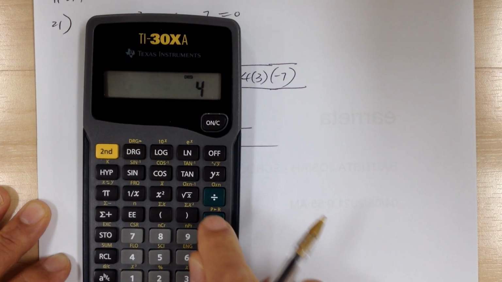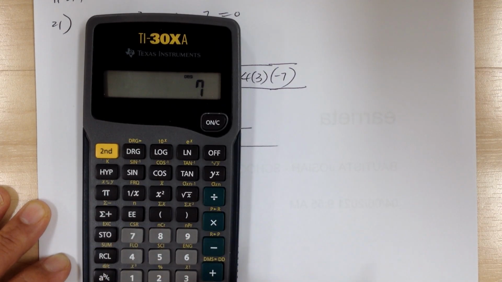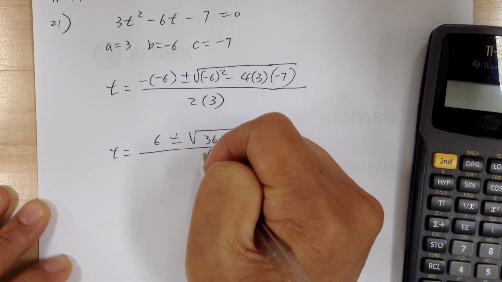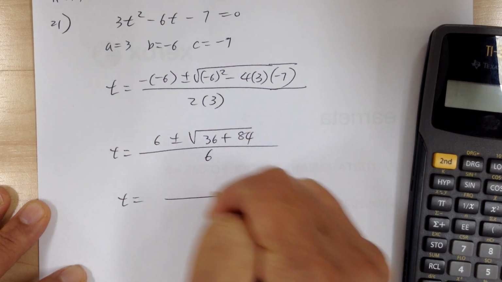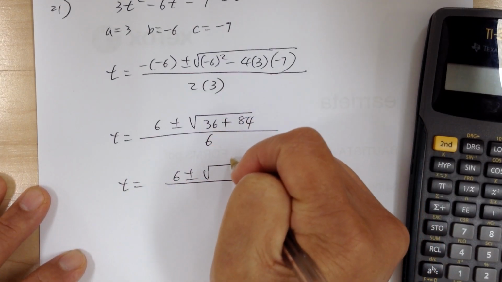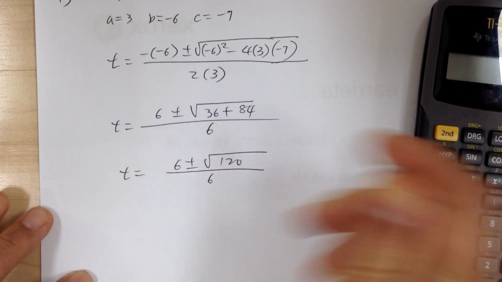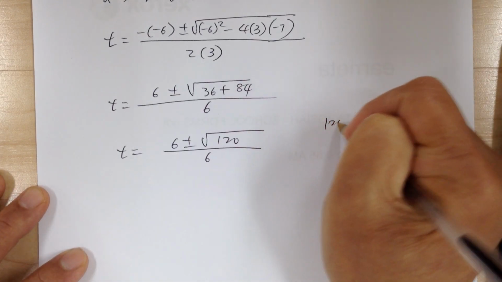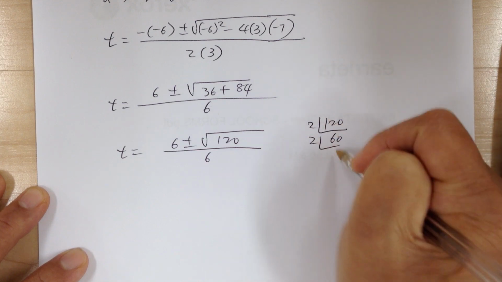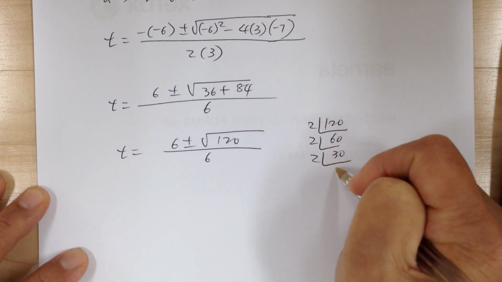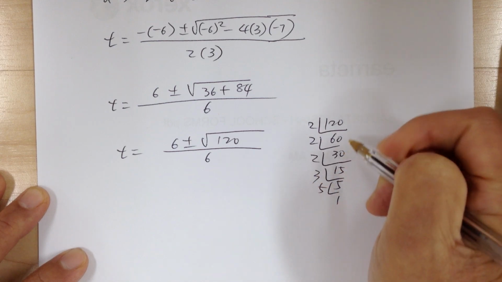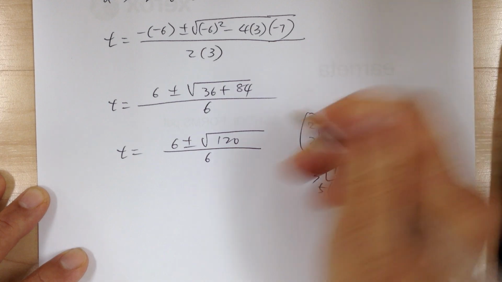So 4 times 3 times 7 equal 84, over 6. So t equal to 6 plus or minus square root of 120 over 6. So you can simplify. So divide by 2, divide by 2, divide by 2, divide by 3, divide by 5.